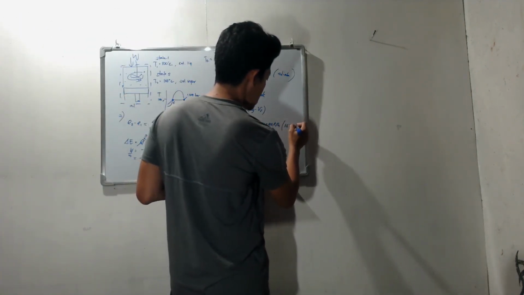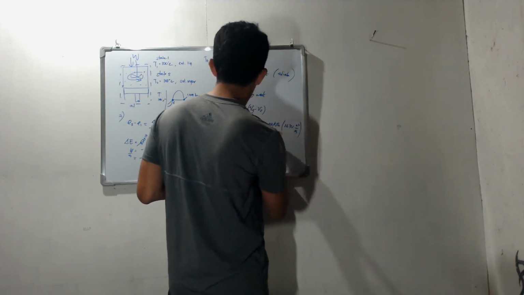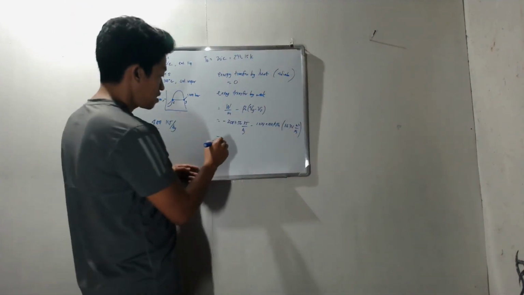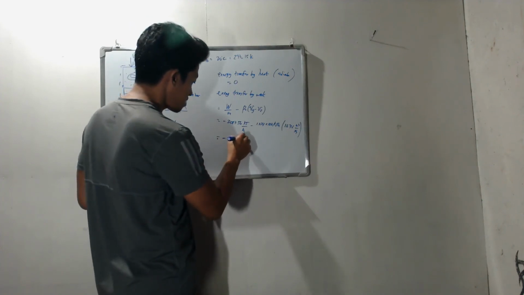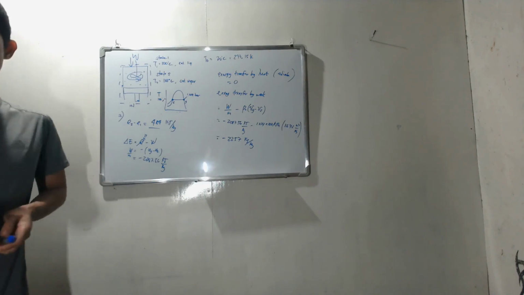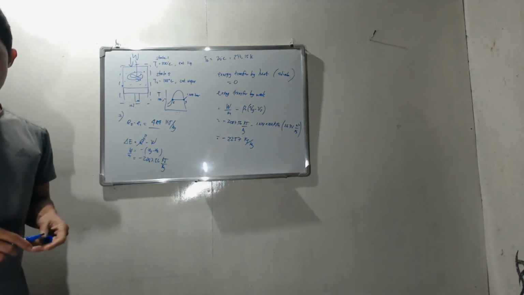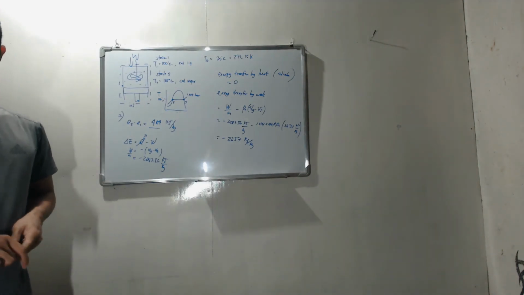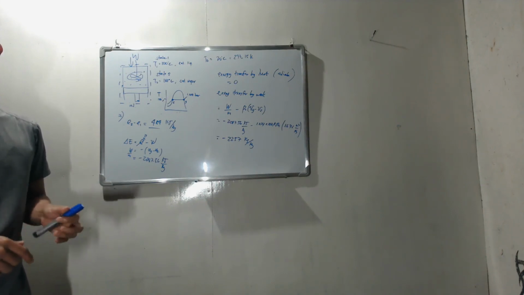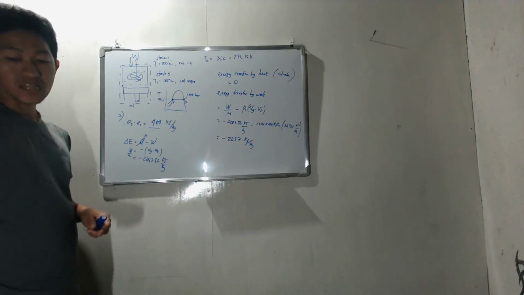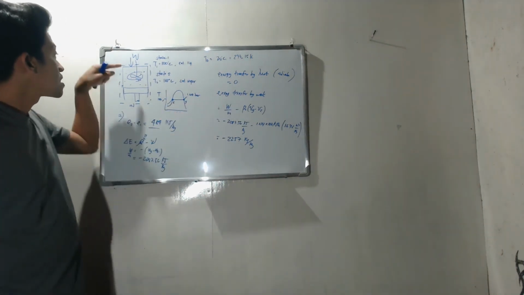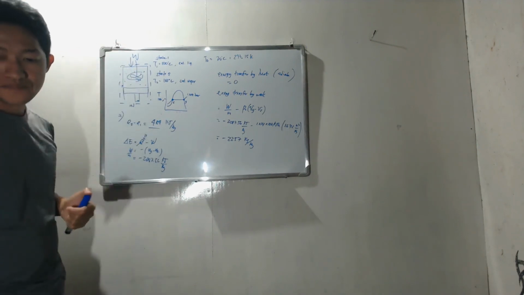So the answer is negative 1257 kilojoule per kilogram. Okay? The minus sign indicates that the net transfer of exergy accompanying work is into the system. Negative exergy transfer, since work is put into the system.